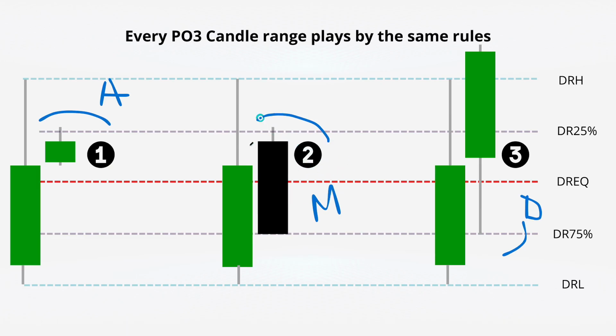So this is for inducement for retail shorts here and smart money longs here, in the manipulation phase. Price returns above equilibrium and continues above 25 and the dealing range high. Price only has two targets in every power of three: previous high or previous low.